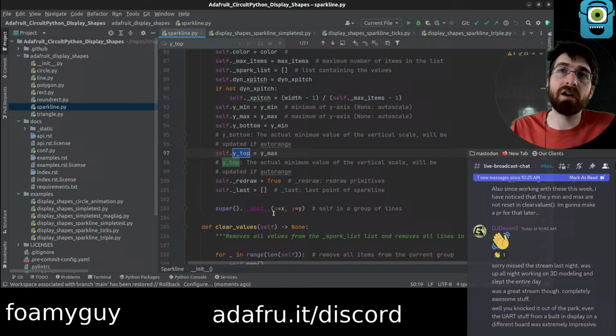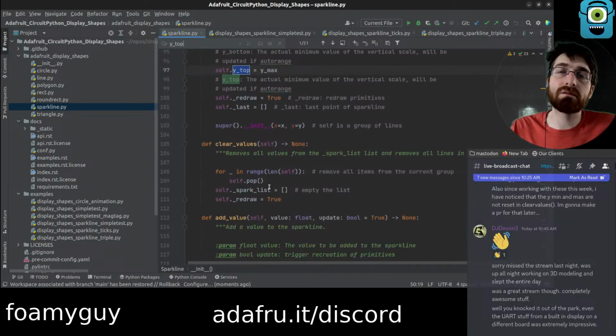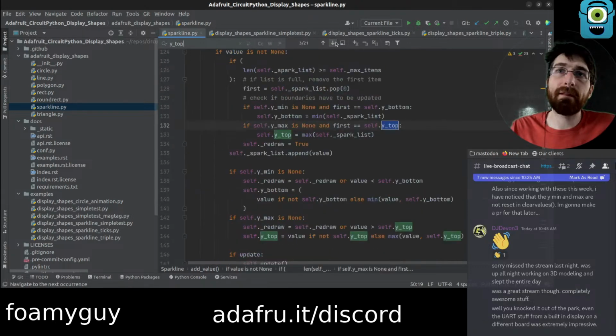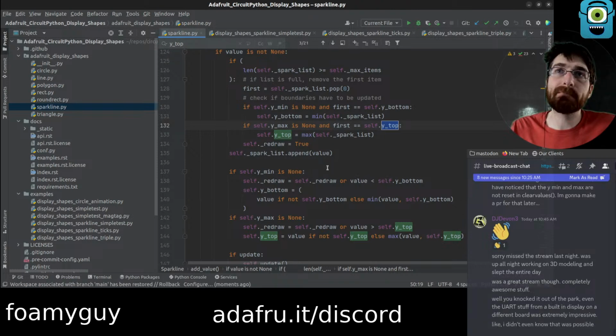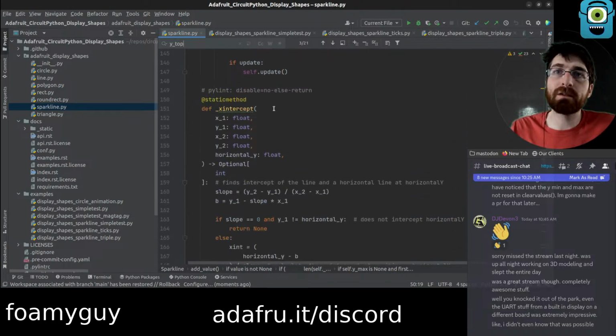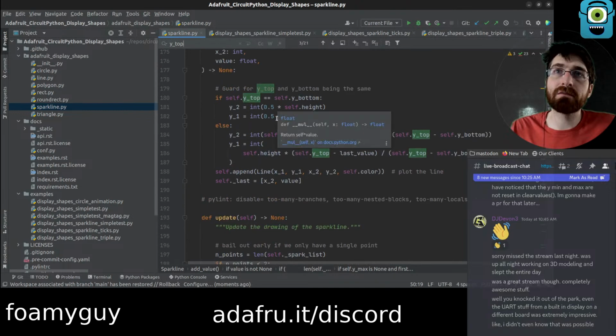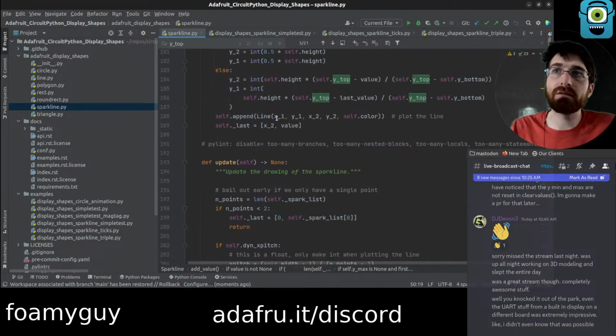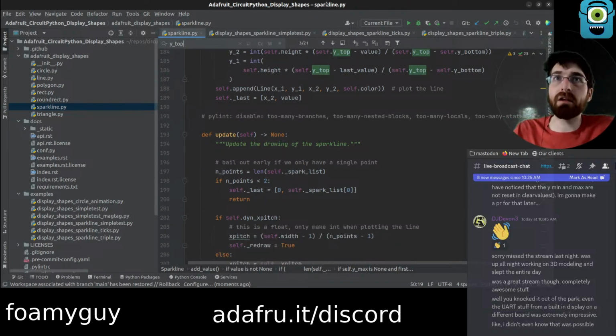Will be updated if auto range. Does look like it updates it. But it's not really in pixels, it's in the units of the graph, max min, it seems like.